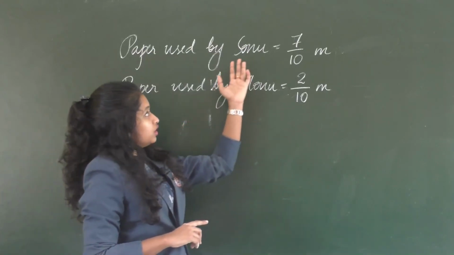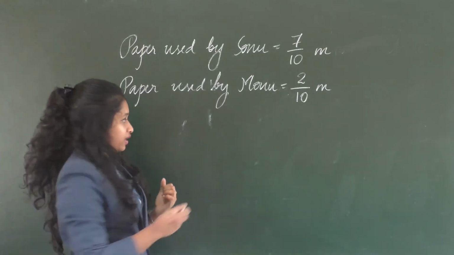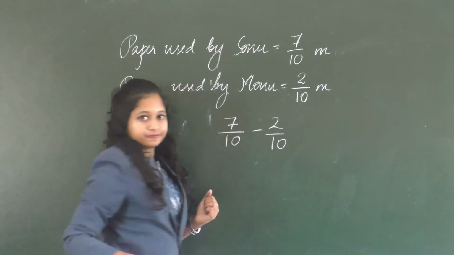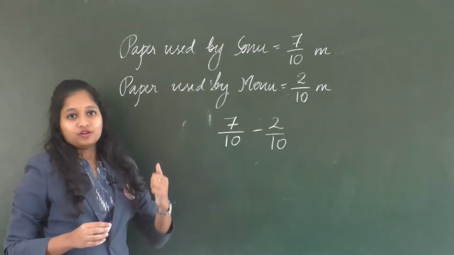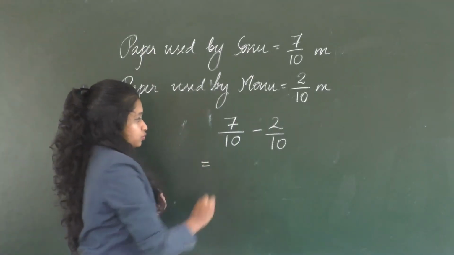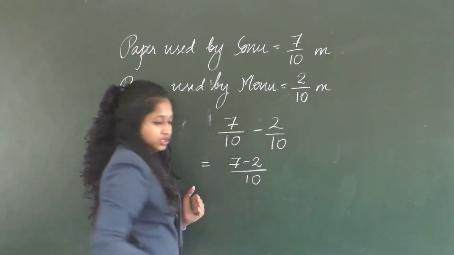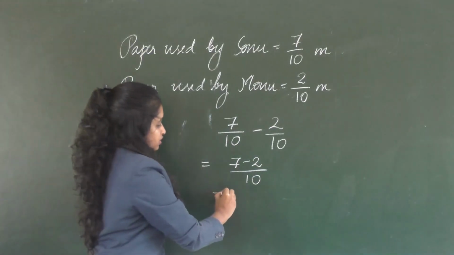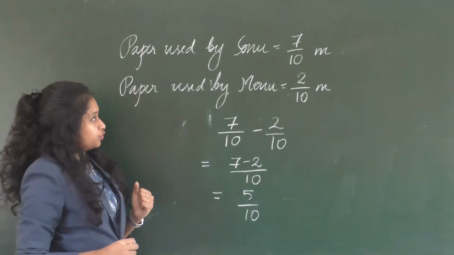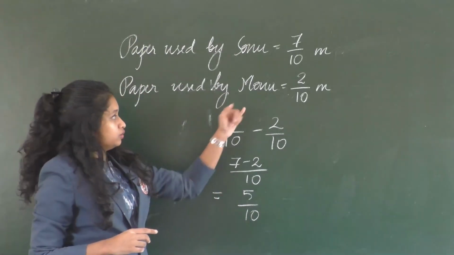To find how much more Sonu has used, we have to subtract, that is 7 by 10 minus 2 by 10. Just now we learned to subtract like fractions, isn't it? So we subtract the numerators over the denominator. So we get 7 minus 2 is 5 by 10. Okay? So Sonu has used 5 by 10 meter more than Monu.